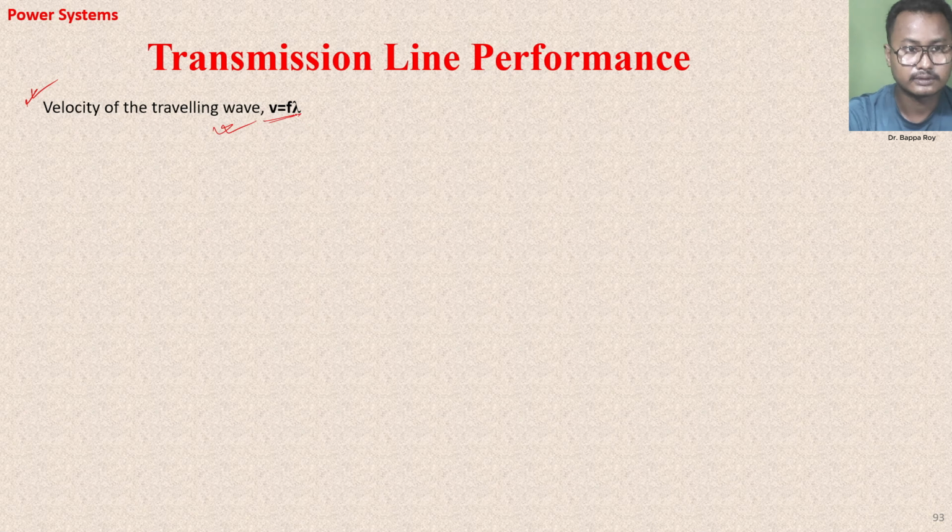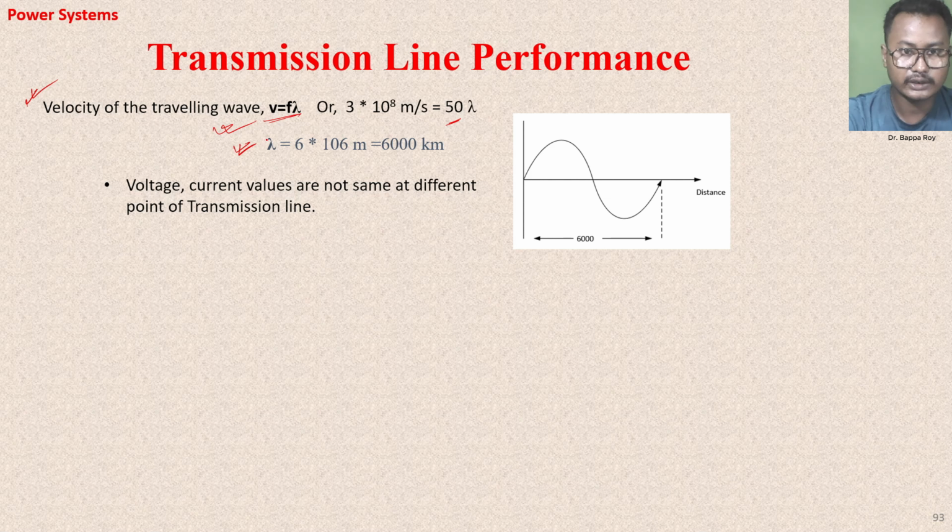We have used 50 because in India we normally use 50 hertz frequency. From here we can calculate lambda. It will come 6,000 kilometer. It comes first in meters, then we have calculated in kilometers. So voltage and current values are not the same at different points of the transmission line.